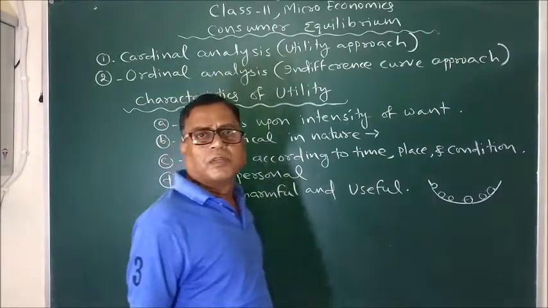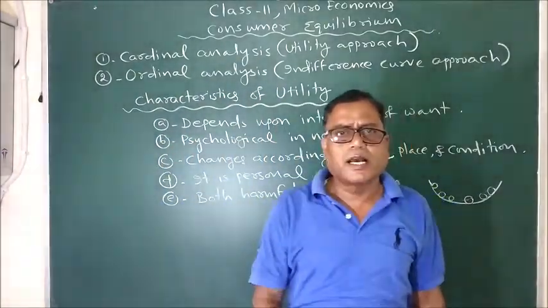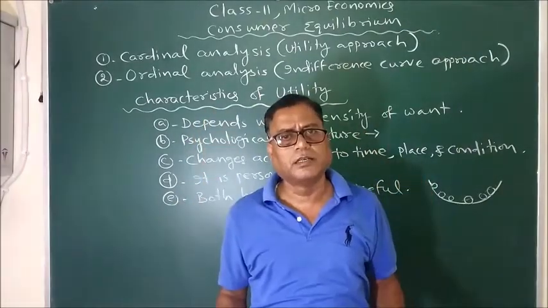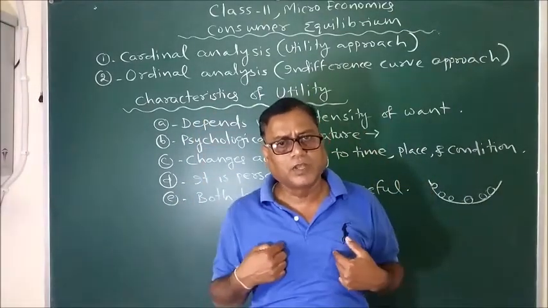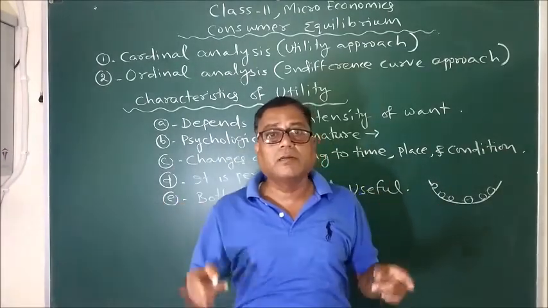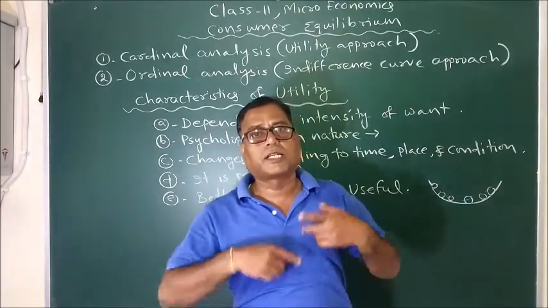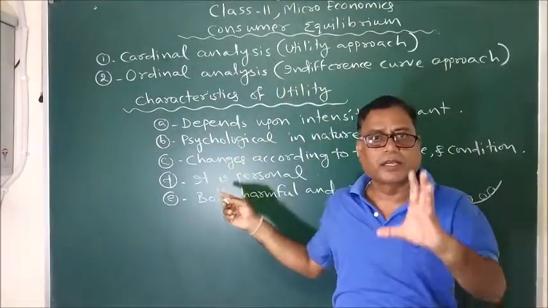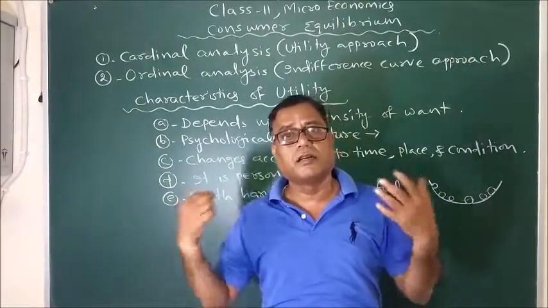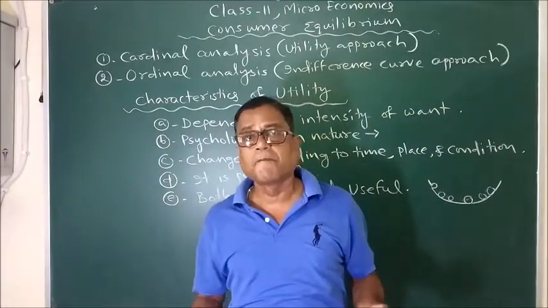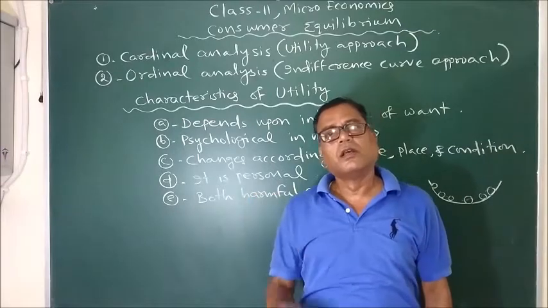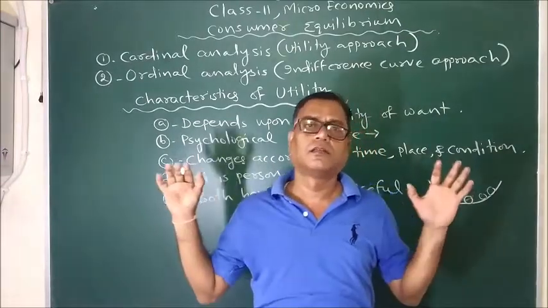In this theory we assume that whenever a consumer consumes something, he derives utility or satisfaction, and the amount of satisfaction or utility can be measured and expressed with the help of a number. For example, suppose I consumed one banana, and I can simply assign a number for how much satisfaction, how much utility I derived from the consumption of the banana. Say I received 10.